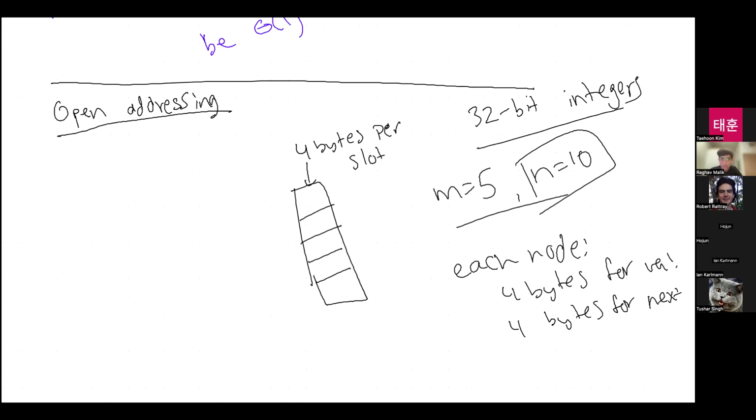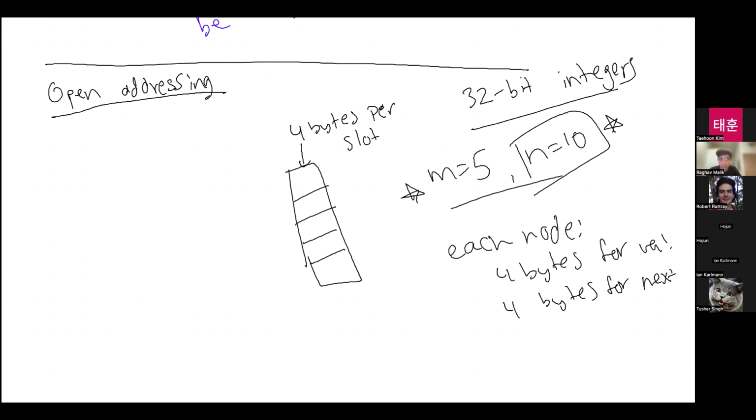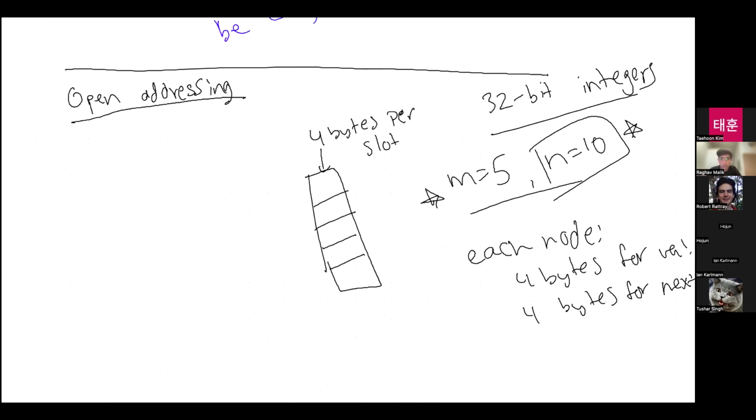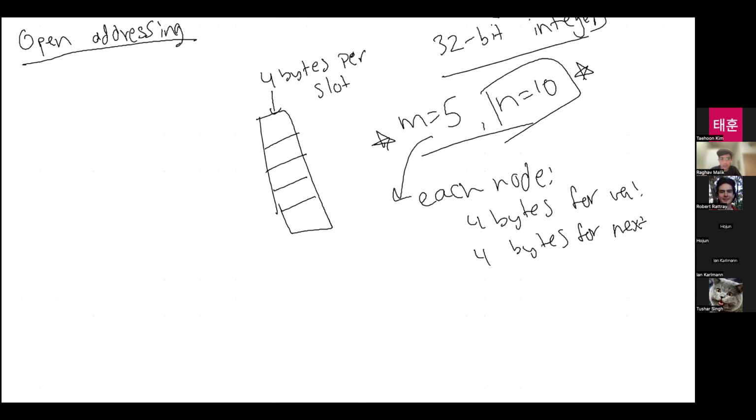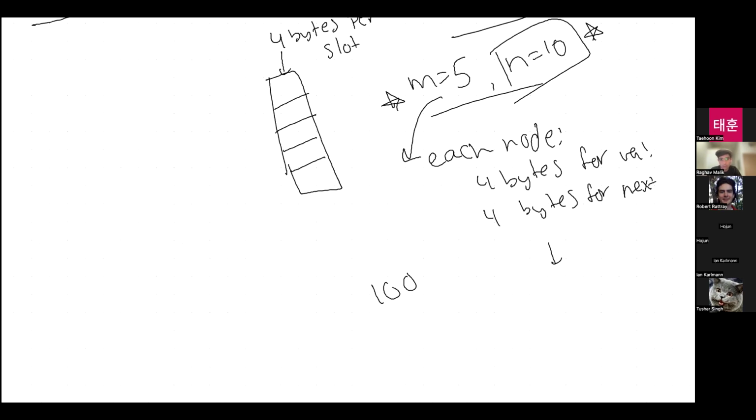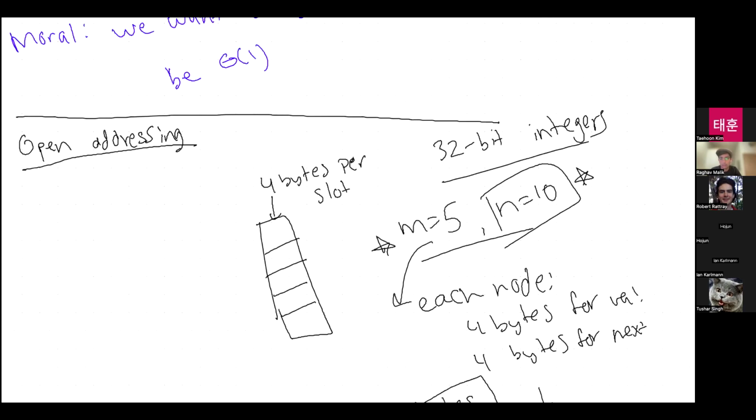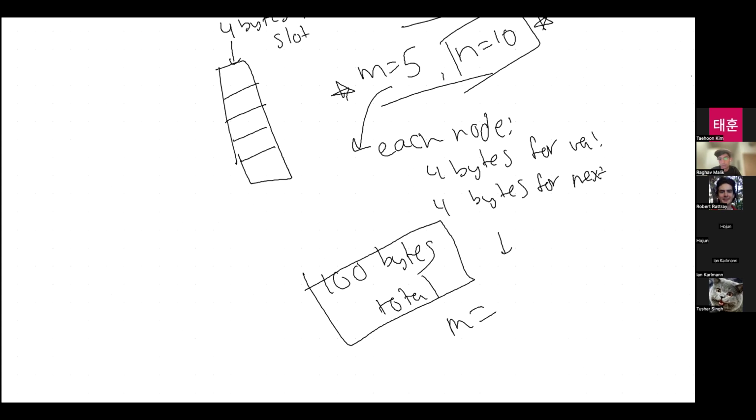So a table of size 5 holding 10 integers is going to take up 20 bytes here plus 80 bytes here, so 100 bytes total, right? If I'm going to be using 100 bytes, I would much rather just set m equals 25, right?